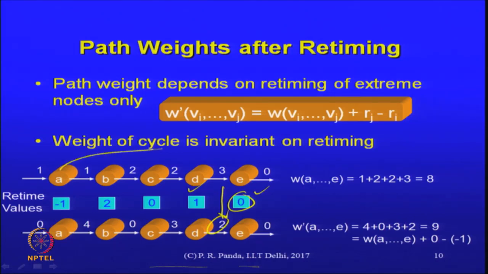The original path weight from A to E was 1 plus 2 plus 2 plus 3, right, it was the sum of these 4. As a result of retiming, what is happening to the path weight? Can I characterize that in a succinct way? Given that I know all the retiming numbers, what is the change in the path weight?